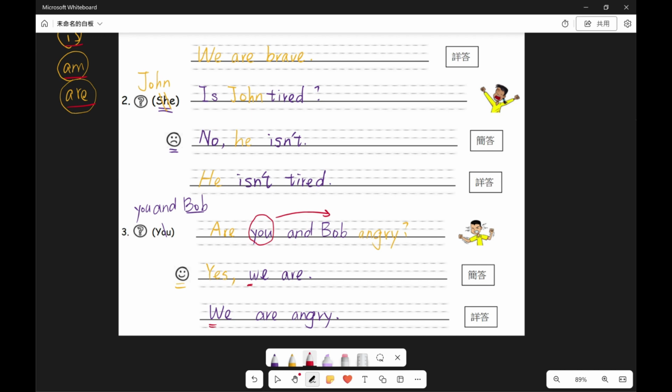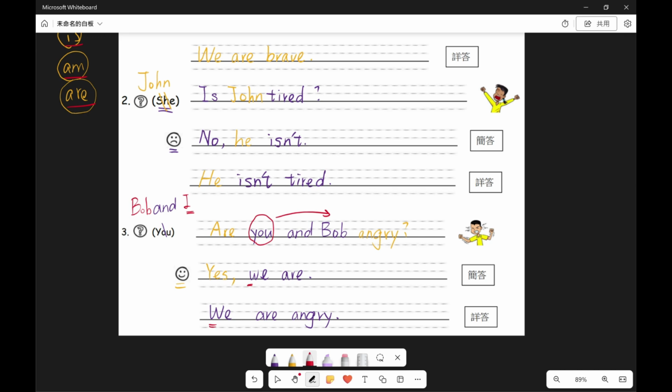So it's not I and Bob. It's more like Bob and I. Understand? So if you want to use I, it is always the second word. So it's Bob and I, and then Peter and I, Tina and I, Kate and I. So I is always the second word. You is always the first word.